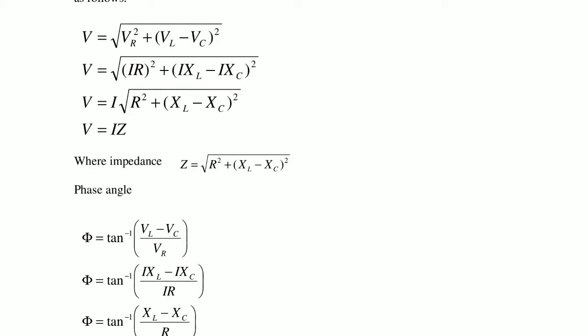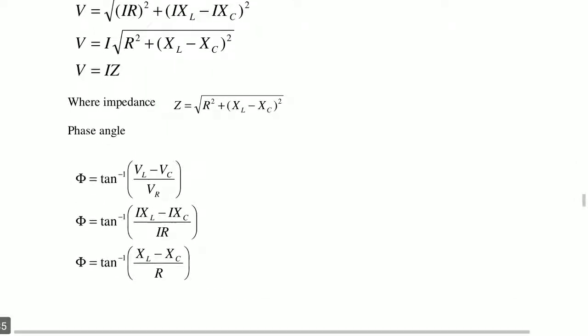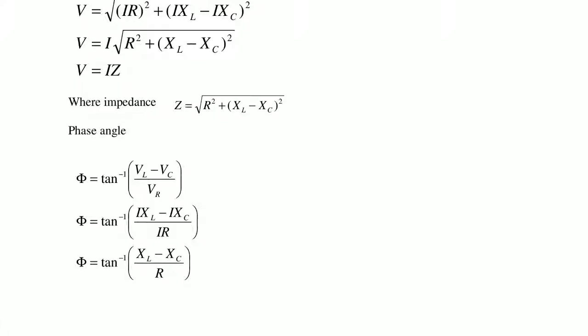It is the combination of R, L and C which gives the impedance of the circuit. Now go for the phase angle, the phase angle between the voltage and current.